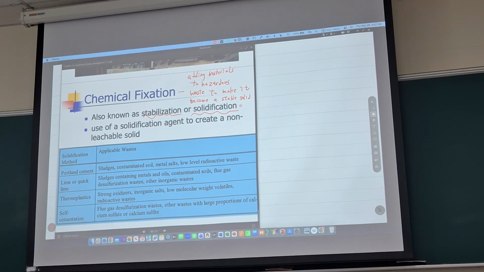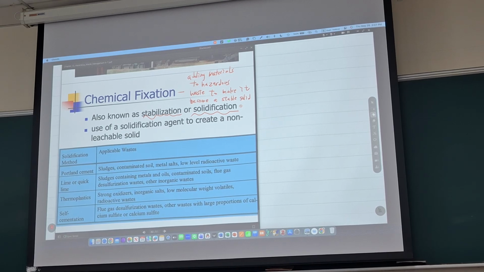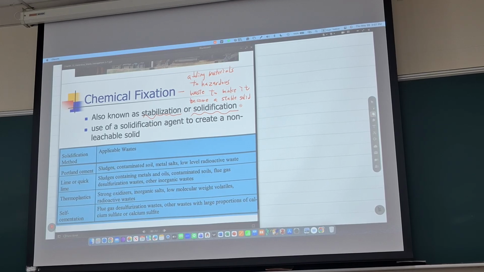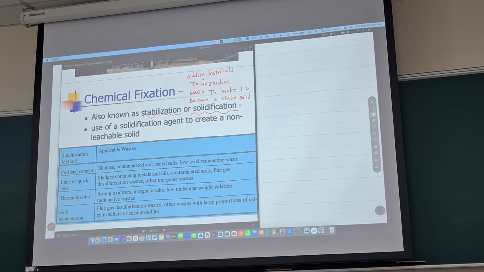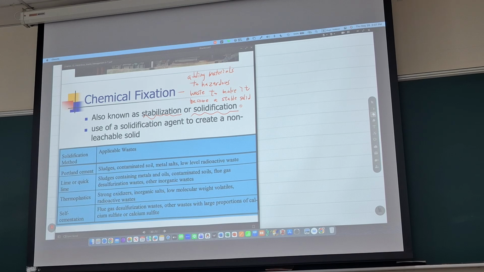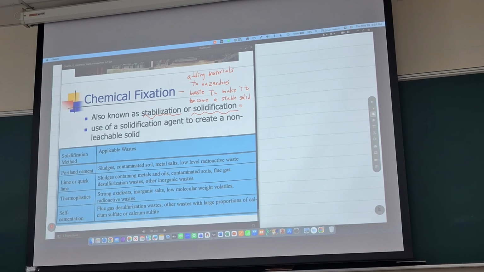So we add some material to make this hazardous waste become a solid. This is so-called chemical fixation, also known as stabilization and solidification.